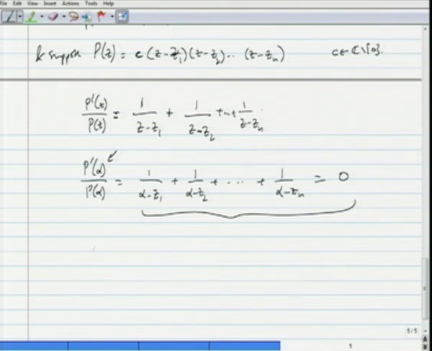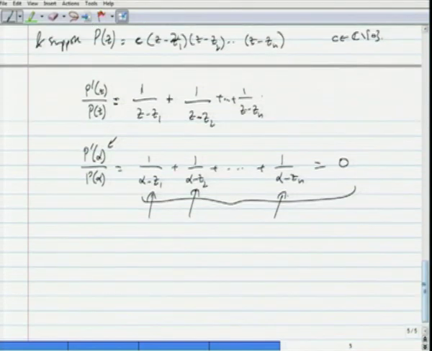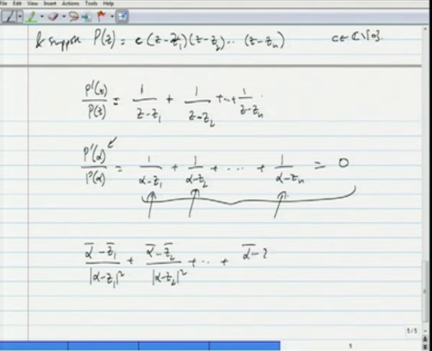First, multiply the numerator and denominator of each of these terms with the conjugate of the denominator. So, we get alpha bar minus z1 bar divided by modulus of alpha minus z1 squared, plus alpha bar minus z2 bar divided by modulus of alpha minus z2 squared, etcetera, plus alpha bar minus zn bar divided by modulus of alpha minus zn squared is equal to 0.